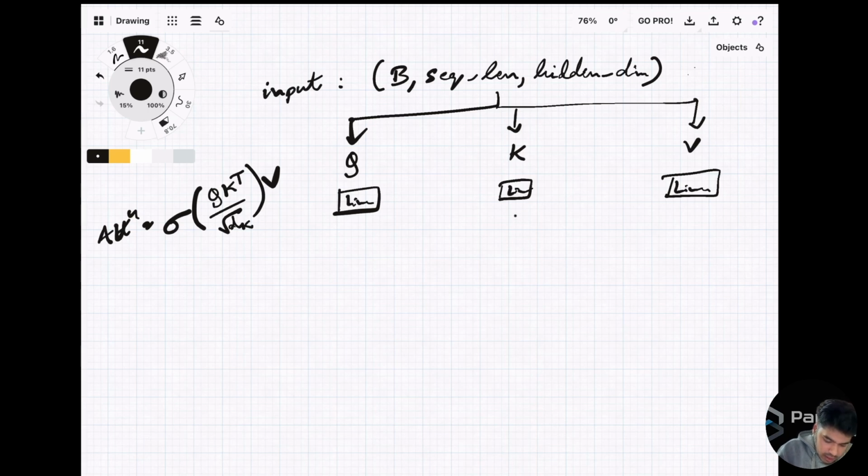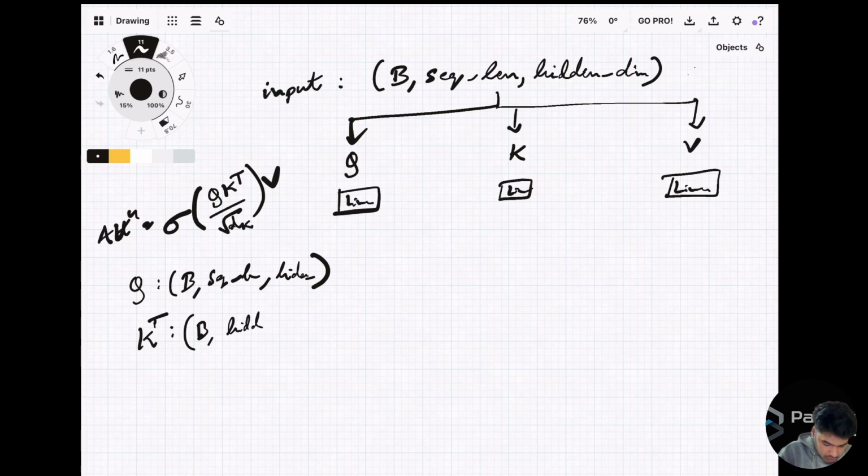Firstly, the dimensions of Q are batch, sequence length, and hidden dimension. The dimension of K transpose will be batch, hidden dimension, sequence length. That's pretty straightforward.